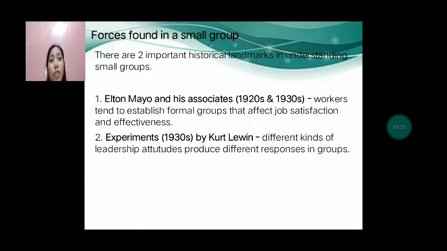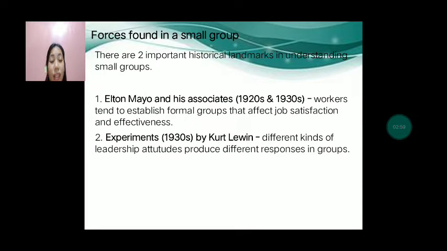There are two forces found in a small group, or two important historical landmarks, and they came from Elton Mayo and his associates in the 1920s and 1930s, and the experiments of Kurt Lewin in the 1930s. According to Elton Mayo and his associates, workers tend to establish formal groups.